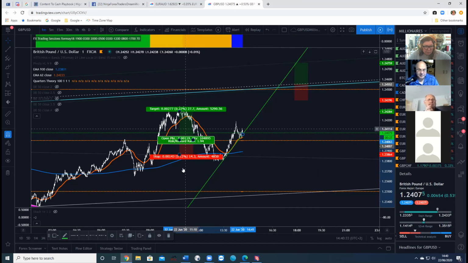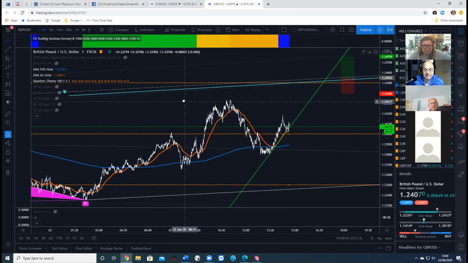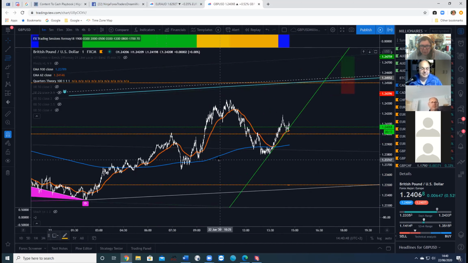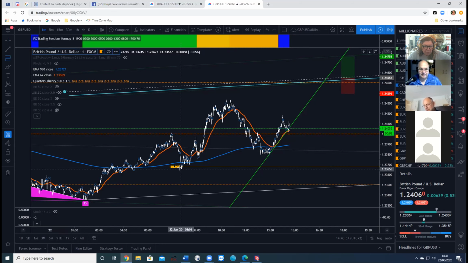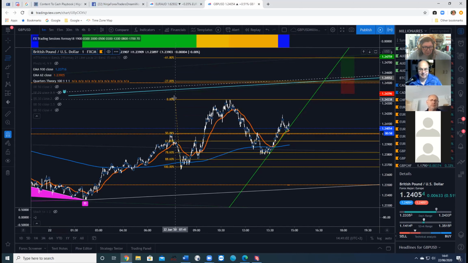Okay, let's get rid of that one. So if you did do a quarter theory trade, I was looking to see if there was a fib on this, but you're just slightly off that quarter theory in 62 now. Technically you are above the 62, you're above quarter theory, so you just need to see if you've got a third confirmation if you wanted to get in this for a trade up to that next level.